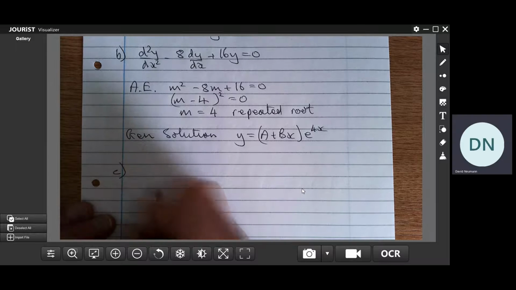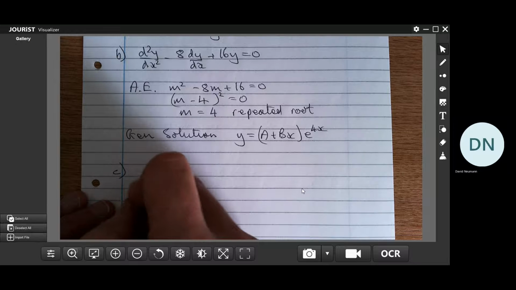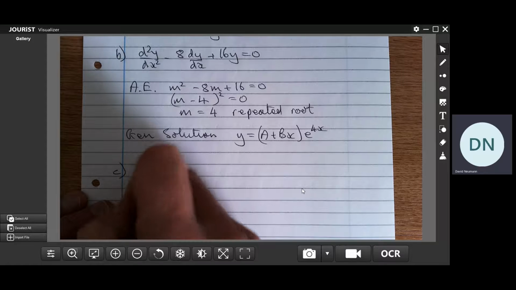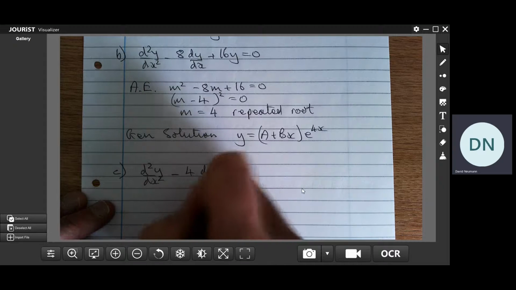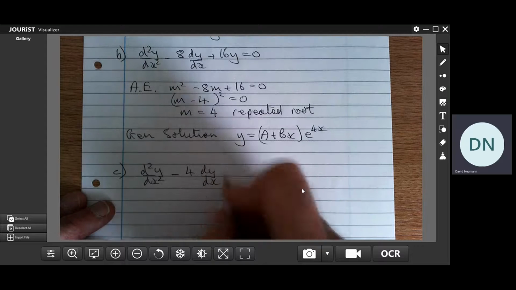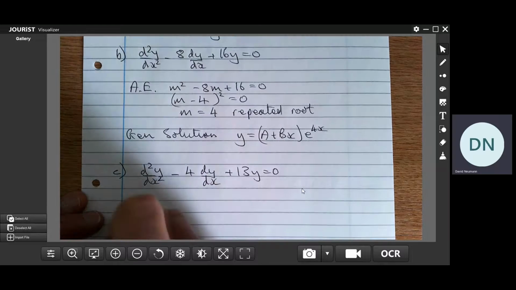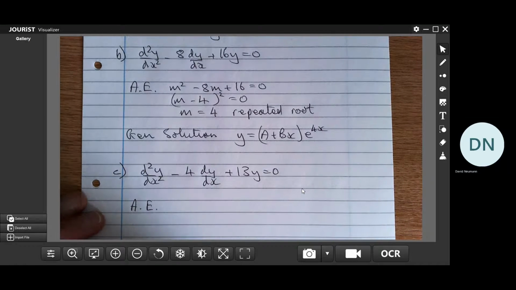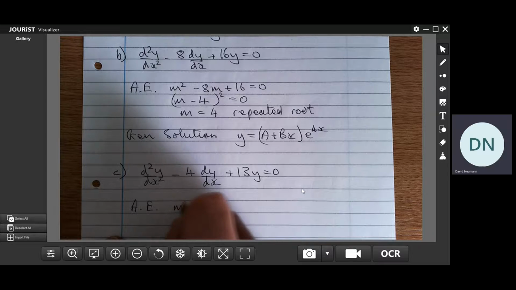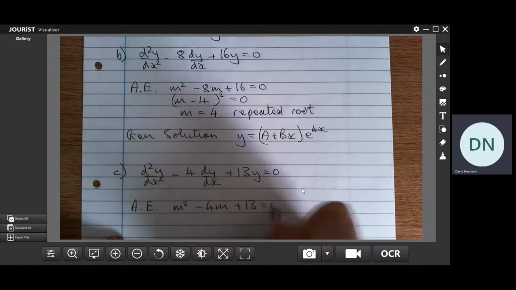For C, we've got the equation d2y by dx squared minus 4 dy by dx plus 13y equals 0, giving us the auxiliary equation m squared minus 4m plus 13 equals 0.